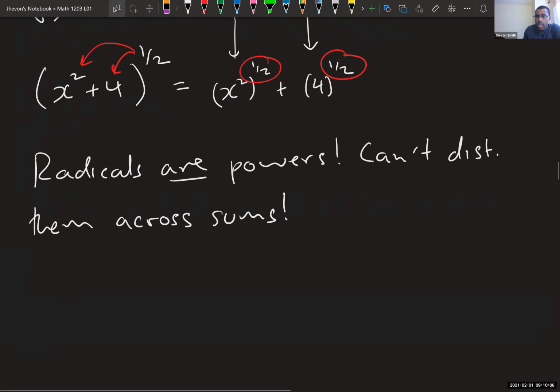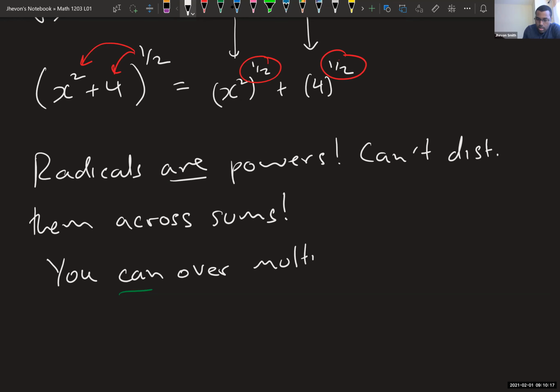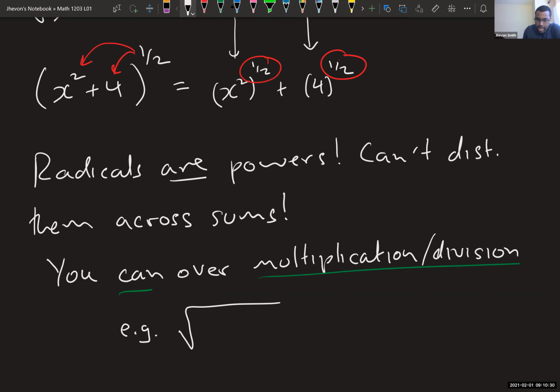You can against multiplication, though. So for example, if I had instead 4x squared, you could actually distribute the radical across that.